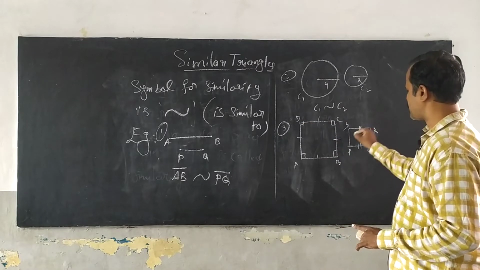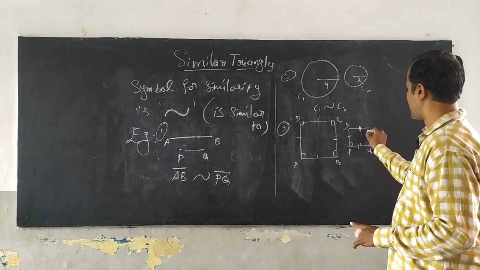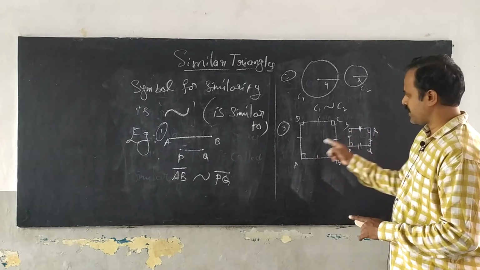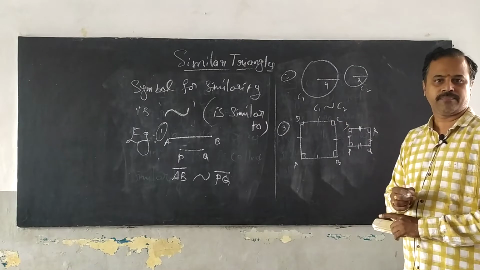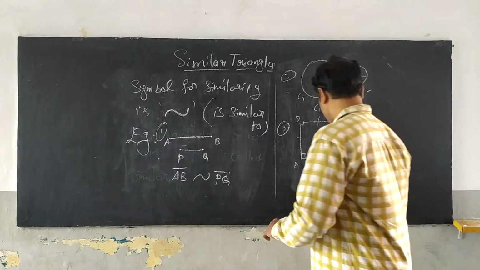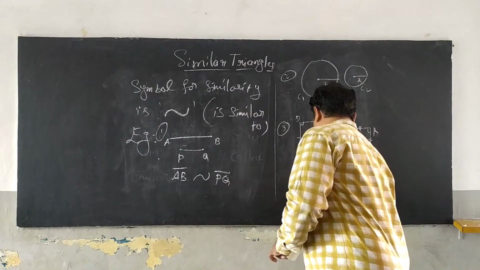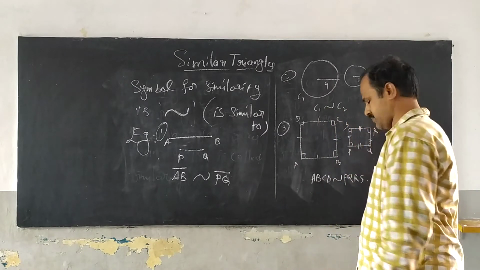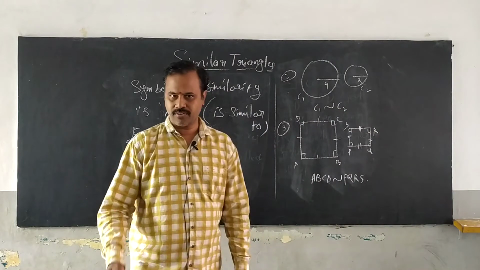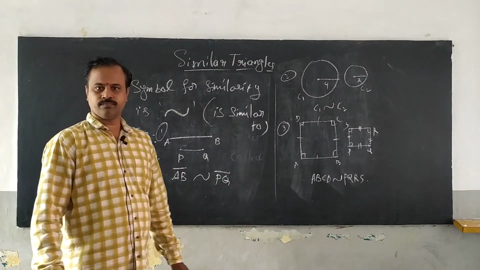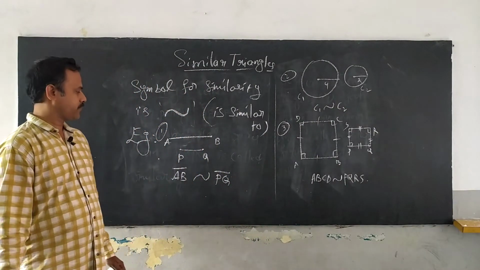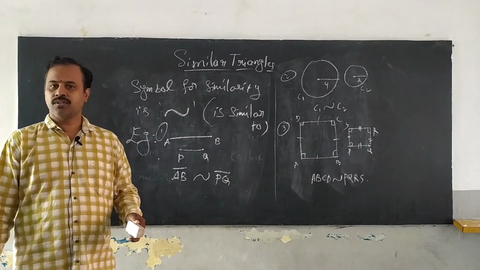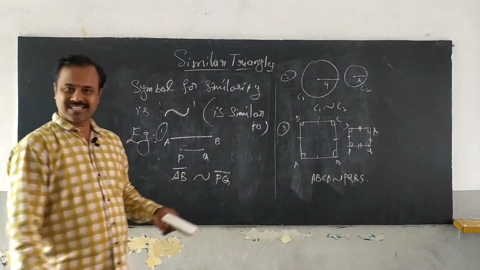Similarly, here all sides are equal and all angles are 90 degrees. So these two squares are also similar to each other. ABCD is similar to PQRS. You understood, everybody? So these are always similar. Now let us take one more example.